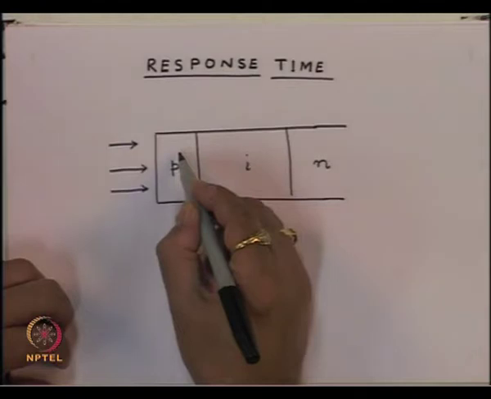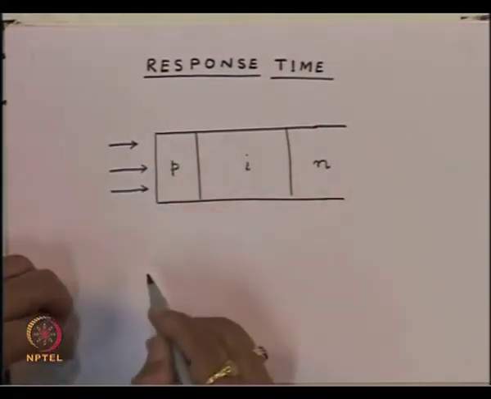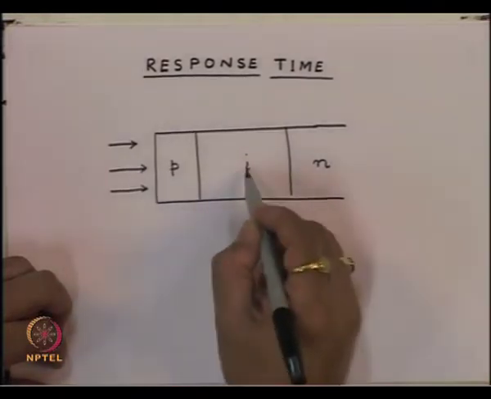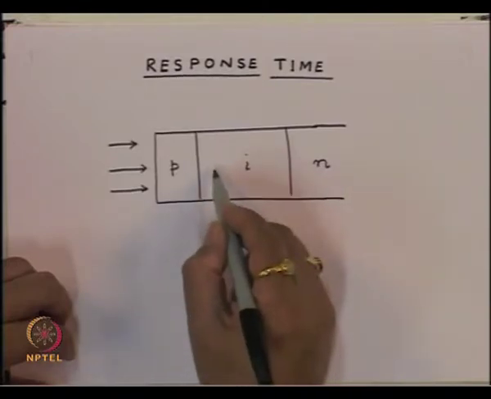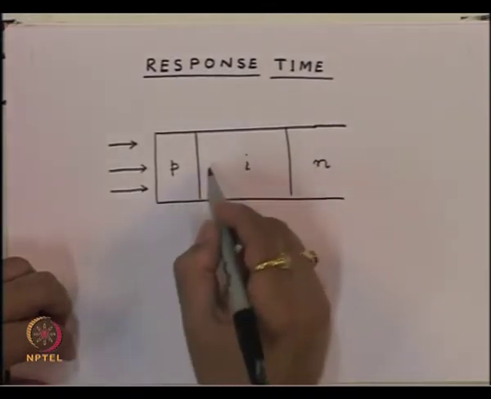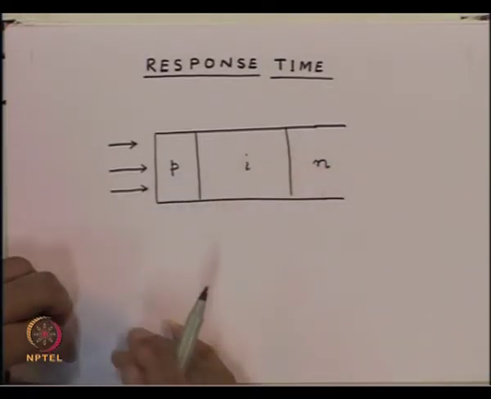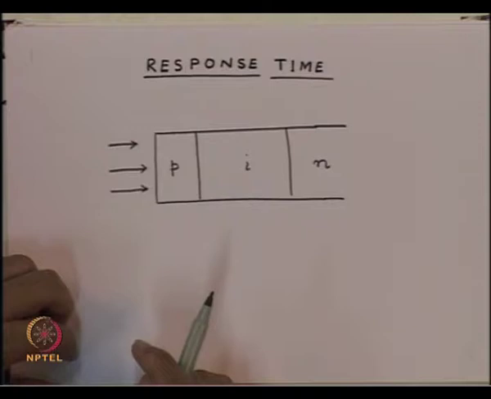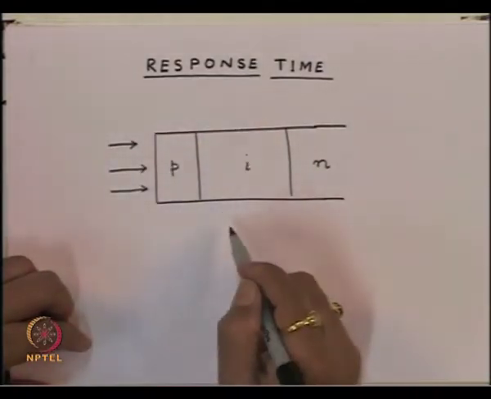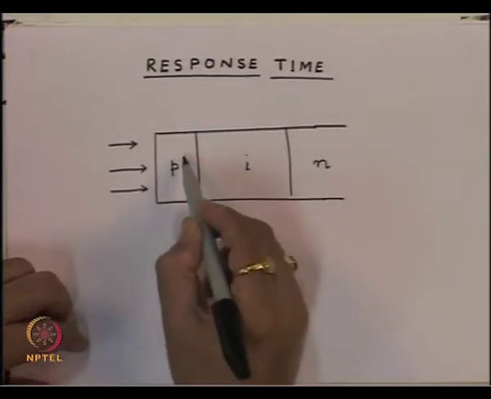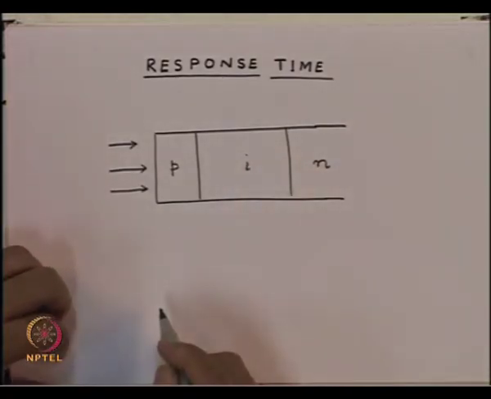So, the carriers which are generated in this region, outside the depletion region, have to diffuse first inside the depletion region, and then in the presence of the electric field, these carriers will drift, and we will have the current which will be drift current. So, essentially, as we saw last time, the current in the external circuitry has two components. One is because of the diffusion of the carriers, and the other one is because of the drift of the carriers.